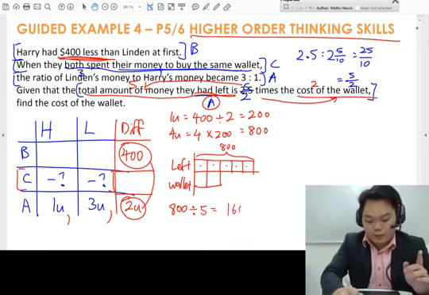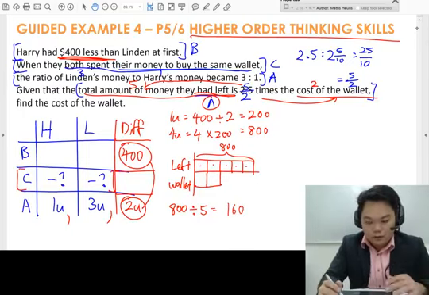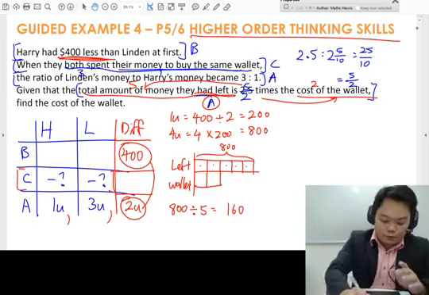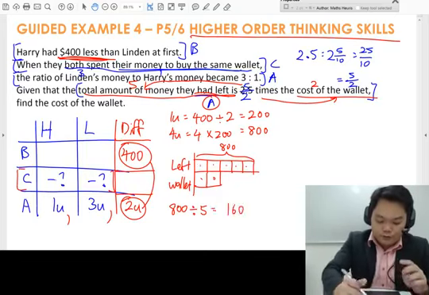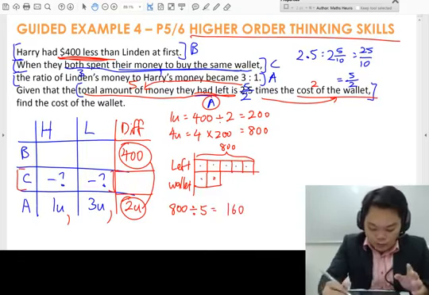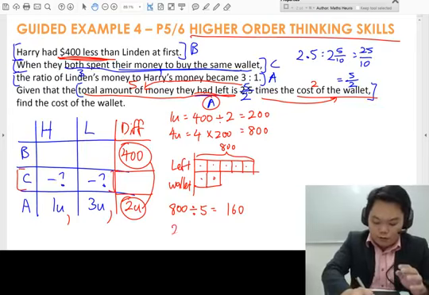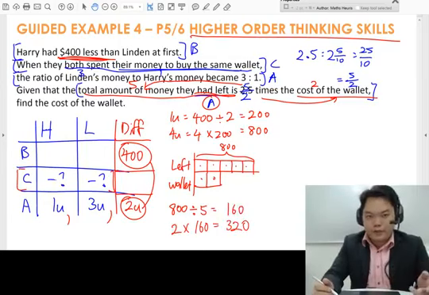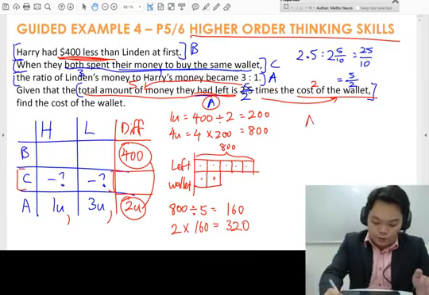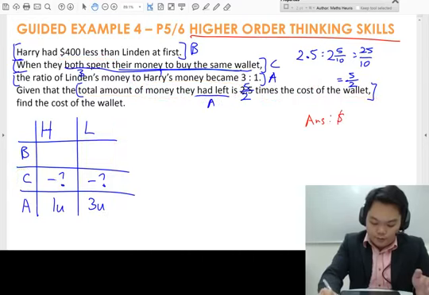So this will be 160. Thereafter, you want to find the cost of the wallet. The cost of the wallet will simply be 2 copies of 160. So that will be 320. So the final answer here is $320.